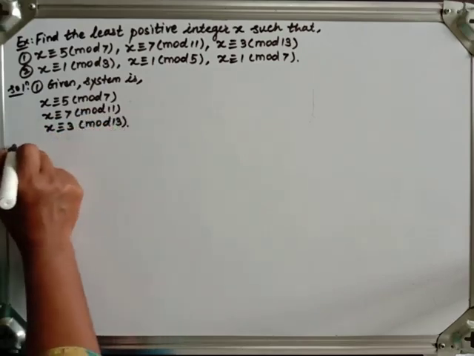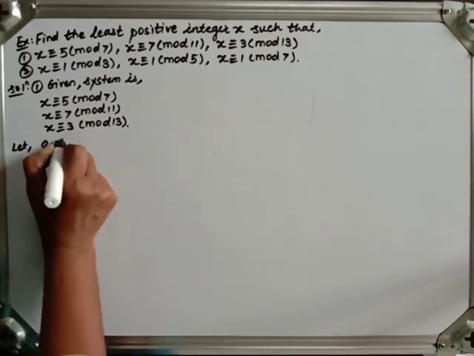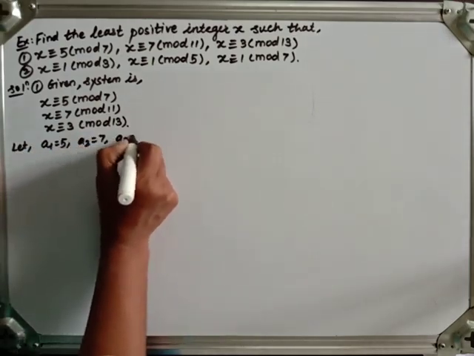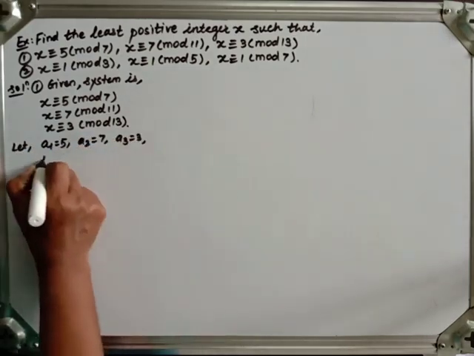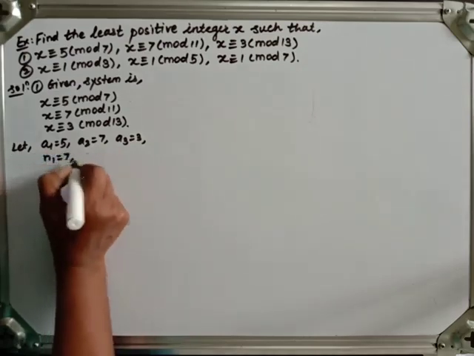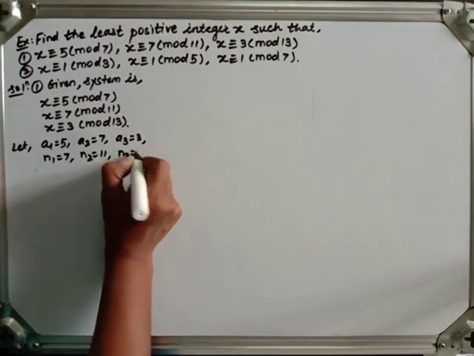So here let a1 be 5, a2 is 7, a3 is 3. Small n1 is 7, n2 is 11 and n3 is 13.